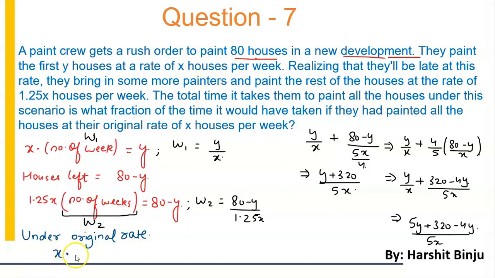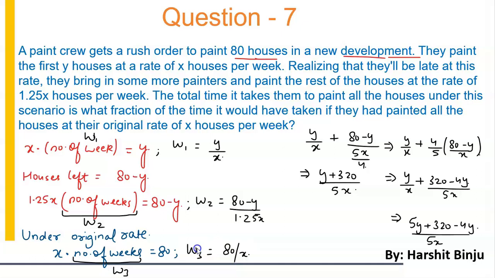So X into number of weeks will simply be equal to 80. Let's call this number of weeks W3. So you will get W3 as 80 by X.